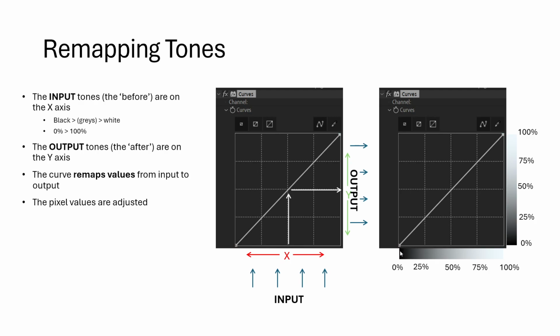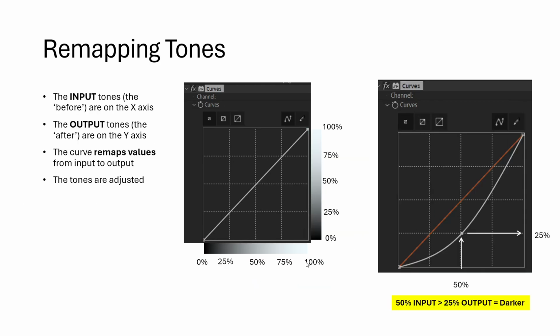So down here we can see all of the tones in our image from the darkest to the lighter as it's coming into the effect, and then the output is the same. What tones will it have once the curve has been applied, and that is related to how we change this curve. So we can see here an example of a simple curve adjustment, where again we have our unaffected curve here, 0, 25, 50, 75 and 100, and the curve is perfectly diagonal, so we can see that 0 on the input maps to 0 on the output, 25% grey on the input, or the before, is still 25% grey on the output.